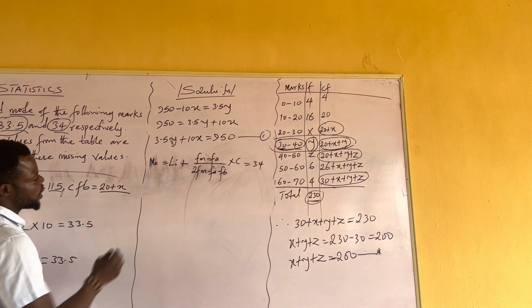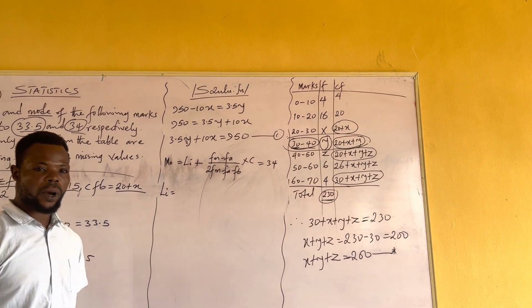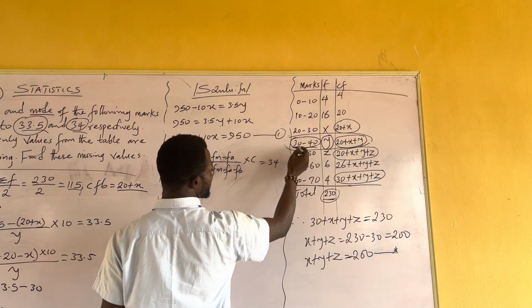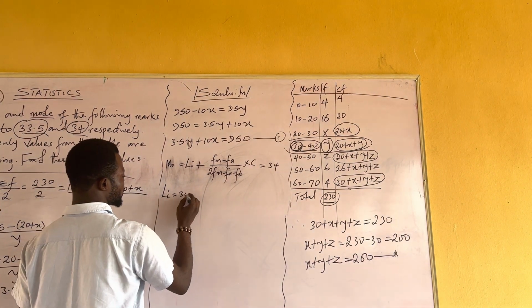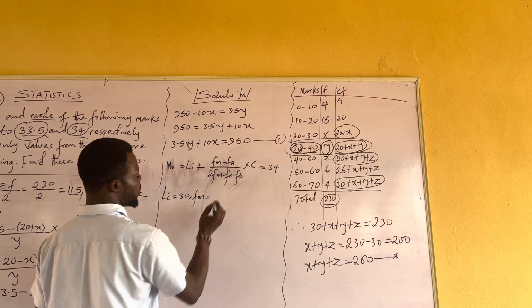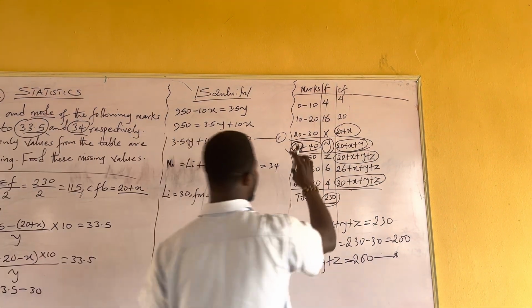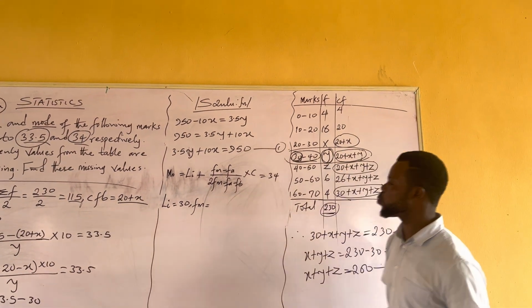So now, what is our Li? Li stands for the lower class boundary of the modal class, which is 30. Fm stands for frequency of the modal class, and the frequency at the modal class is y.